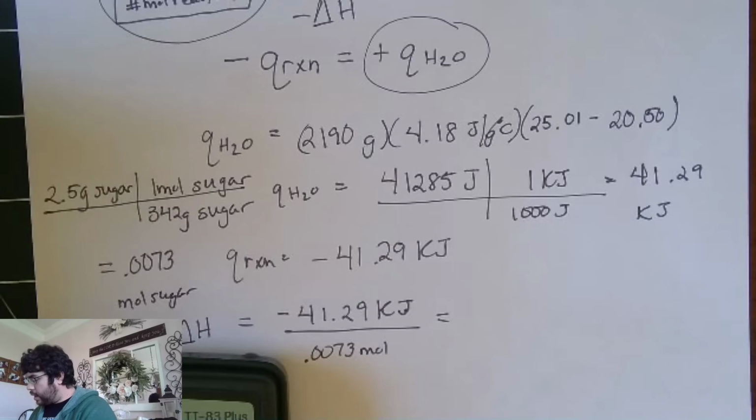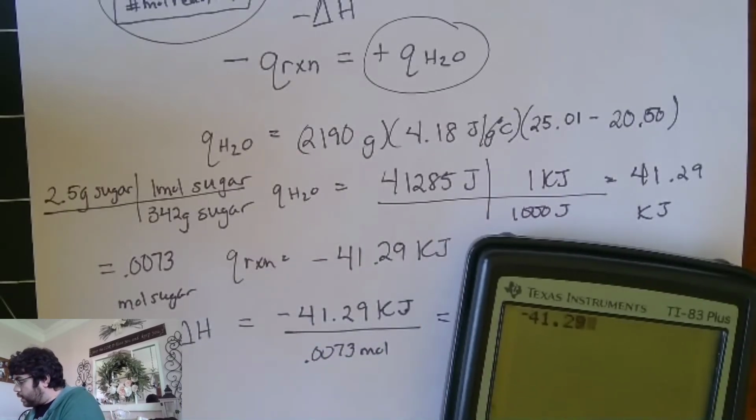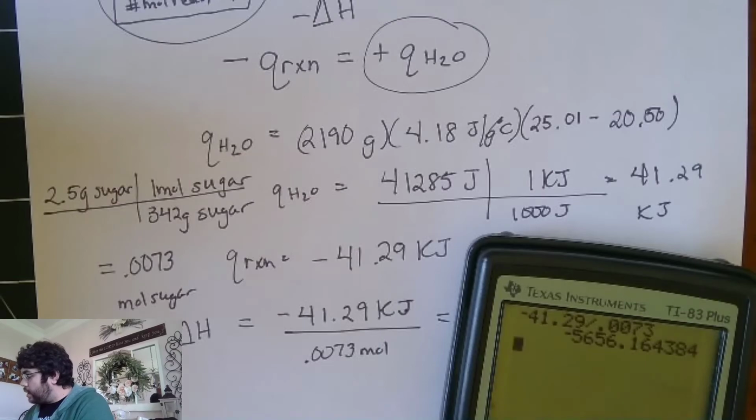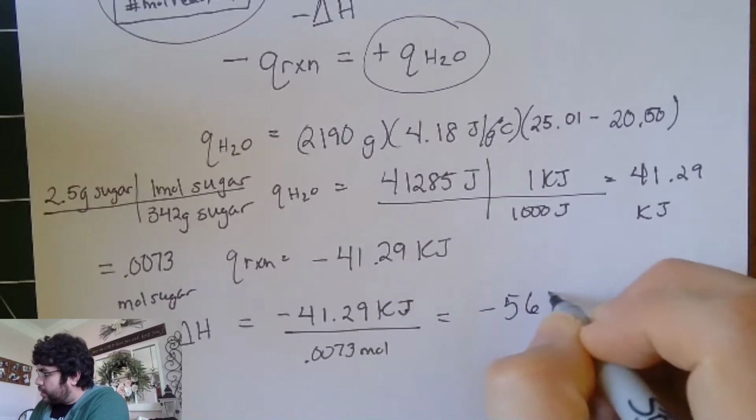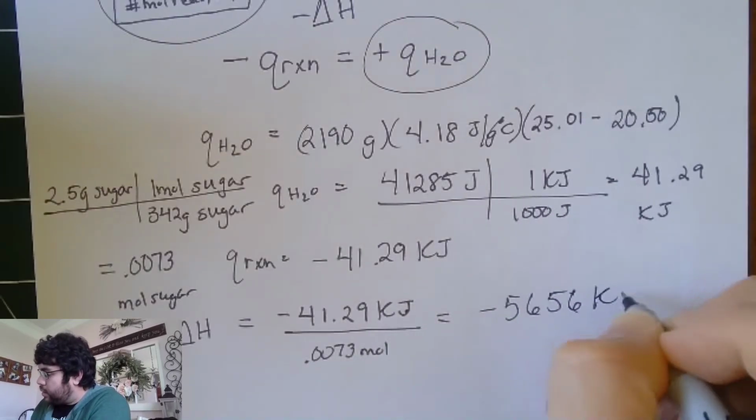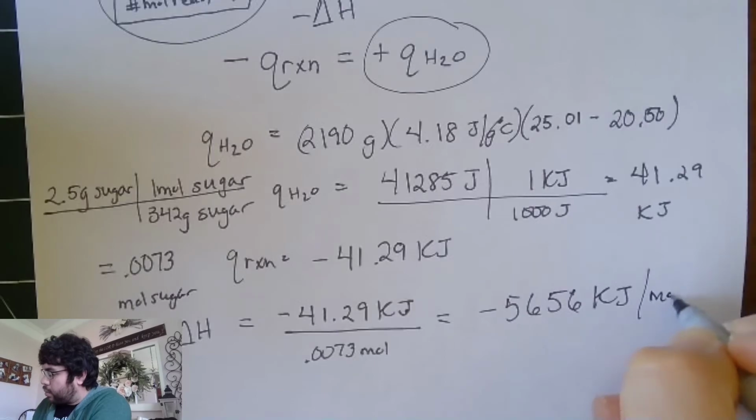So negative 41.29 divided by 0.0073, that's going to be this number, negative 5656 kilojoules per mole.